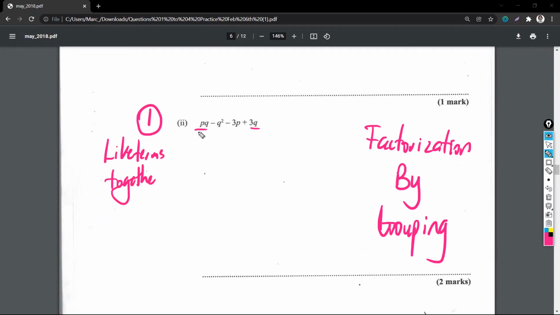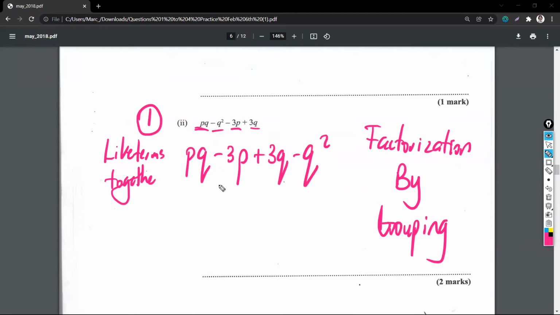So we need to put PQ with the Qs. Make sense? Well, hold on, let me double check. No, put PQ with the P. So PQ minus 3P, and then I'm going to say plus 3Q minus Q squared. So I put the Q's together and the P's together.